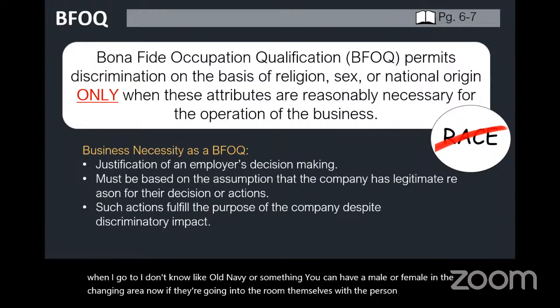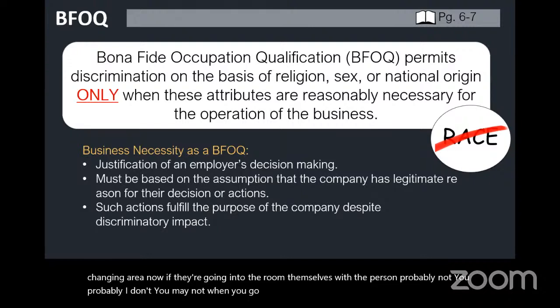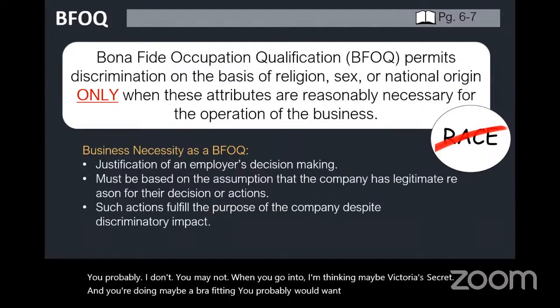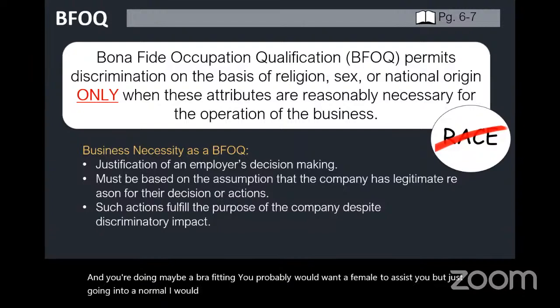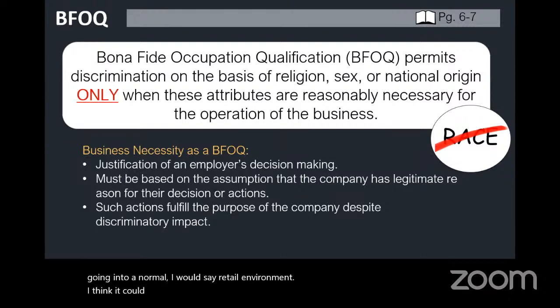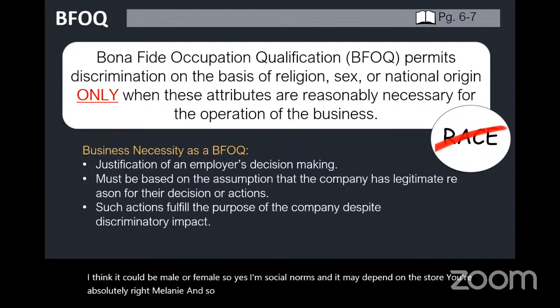I'm thinking maybe Victoria's Secret, and you're doing a bra fitting, you probably would want a female to assist you. But just going into a normal retail environment, I think it could be male or female. So yes, social norms, and it may depend on the store. You're absolutely right, Melanie. That's kind of like that slippery slope, right, when you're talking about a BFOQ in particular.